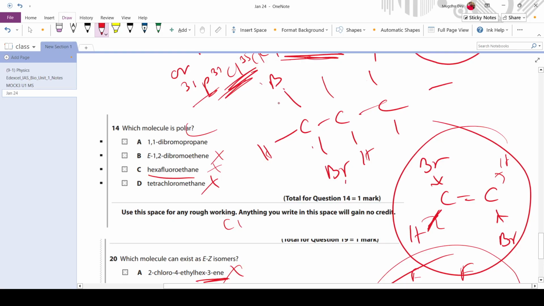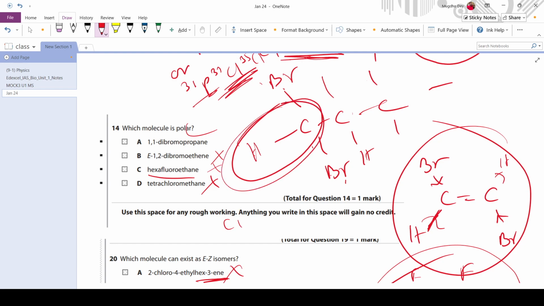Yes, they will cancel out each other, but there is no bromine here and there is no bromine there, right? So this one won't cancel out, this will remain. All of them have to be identical, only then they can cancel out each other. So this one will remain, so that is why it is polar. Okay, I hope you understood.